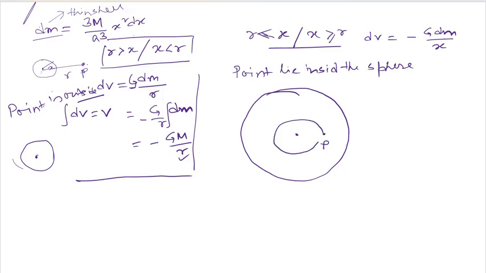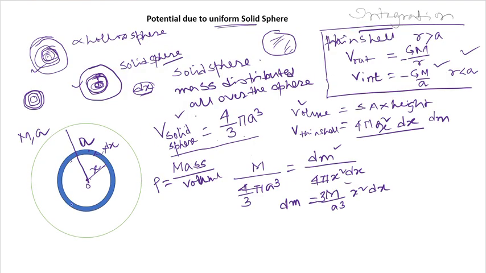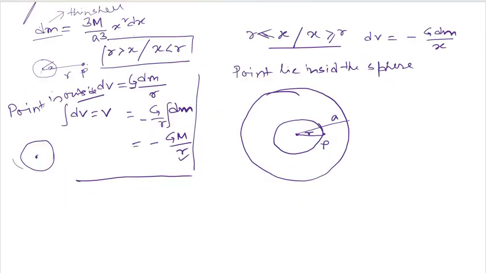Here I am drawing a sphere again. This distance is r, correct? This distance is a, the radius of the sphere. Same as I did for the hollow sphere, to make the solid sphere we keep integrating thin shells, correct?